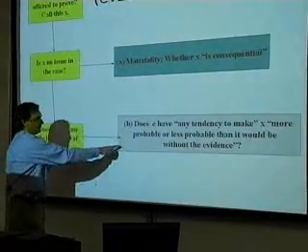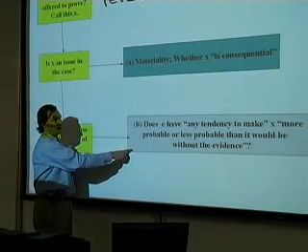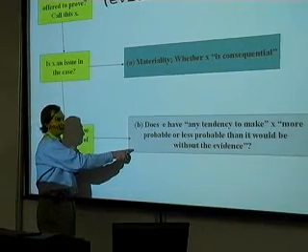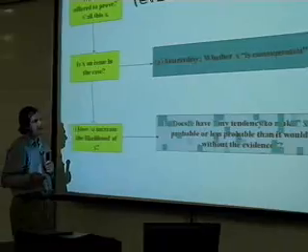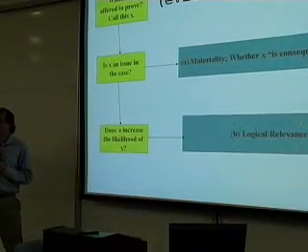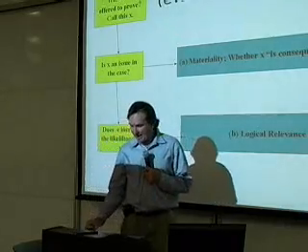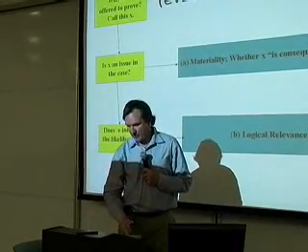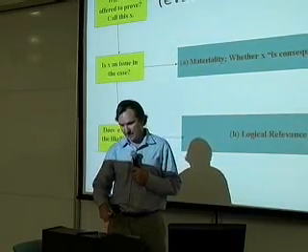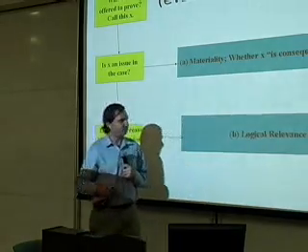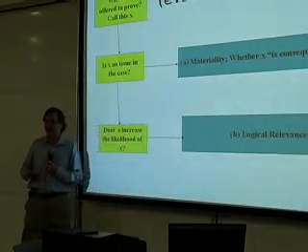And this language under B, any tendency to make X more probable or less probable than it would be without the evidence, this is logical relevance. Logical relevance is an aspect of relevance, but it doesn't take over. It's just one of the two bits.